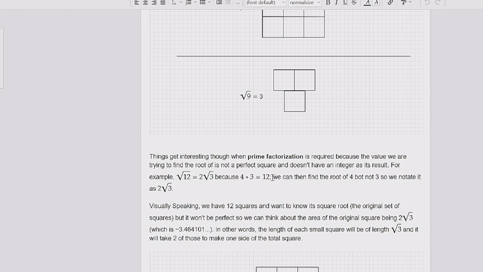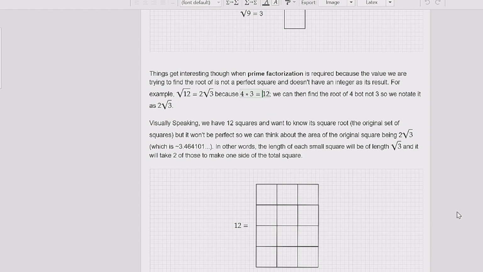We find what are the prime numbers that make up 12. And so 4 times 3 is 12, but we can even make 4 lower into prime numbers, 2 times 2. And then we can take that 2 out and move it outside of our root. And so our answer would be 2 root 3.